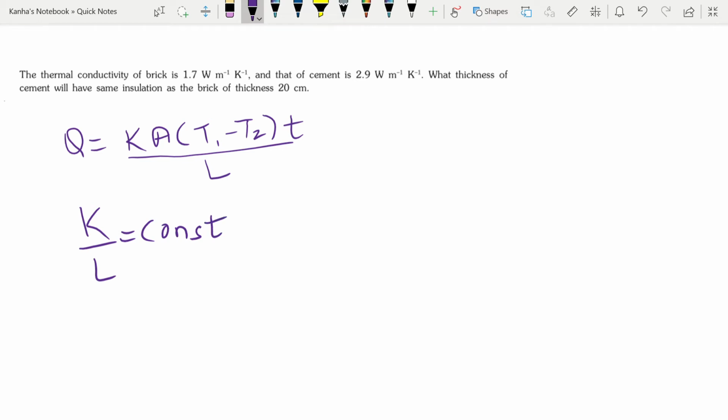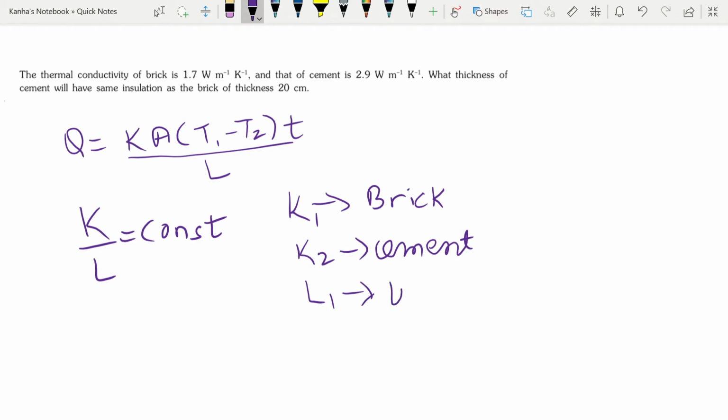If K by L is remaining constant, let K1 and K2 be the thermal conductivities of brick and cement respectively. K1 be for the brick and K2 be for the cement. And I can call L1 and L2 the required thicknesses.